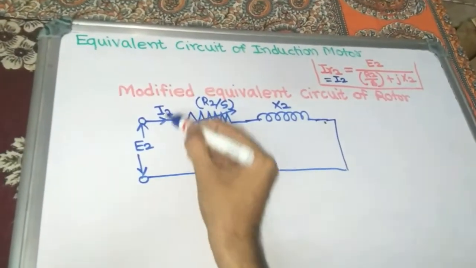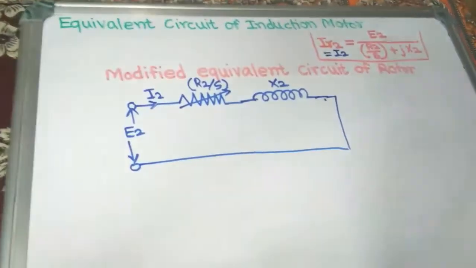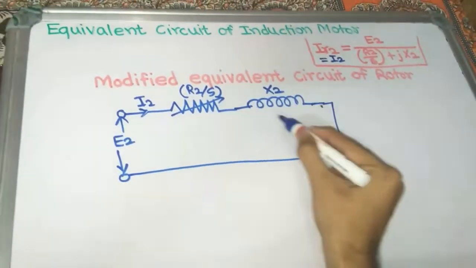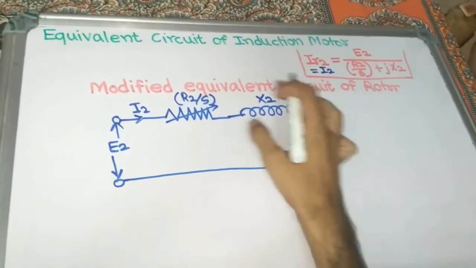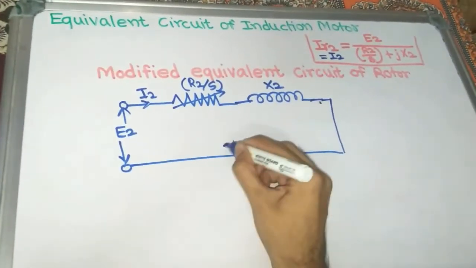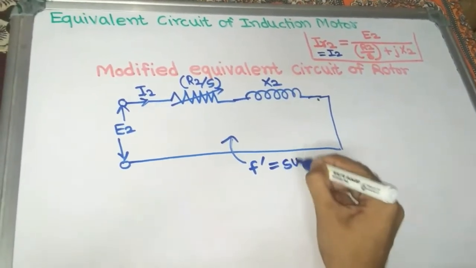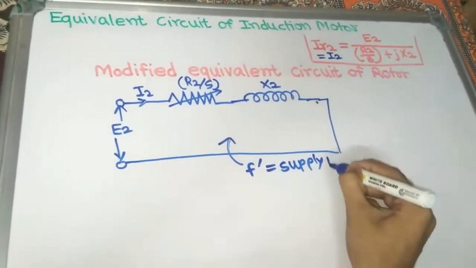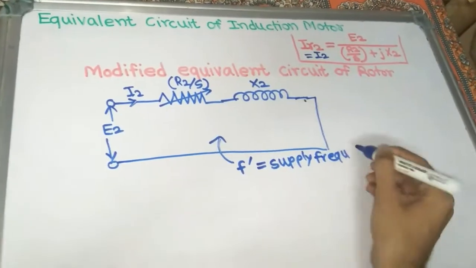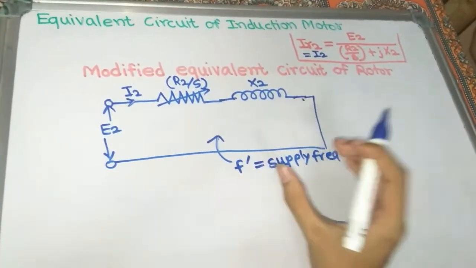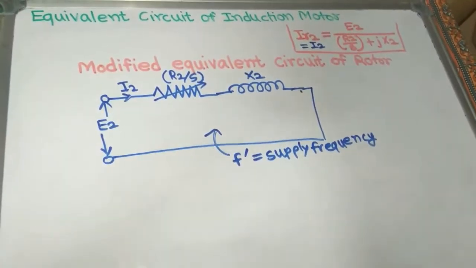So here it is only I2. And what about frequency? Once the rotor reactance per phase is constant, our rotor frequency F dash is also constant. So F dash is also equal to the supply frequency of the stator now. By this arrangement we get this modified equivalent circuit of rotor.